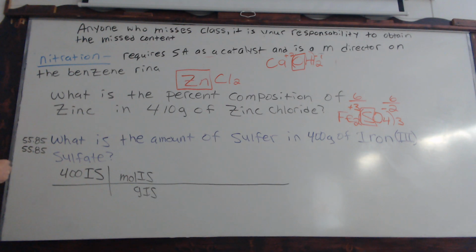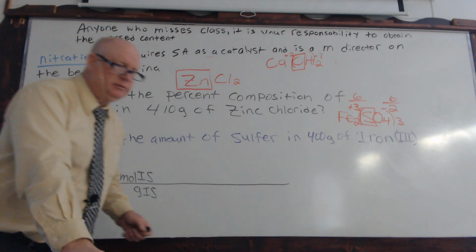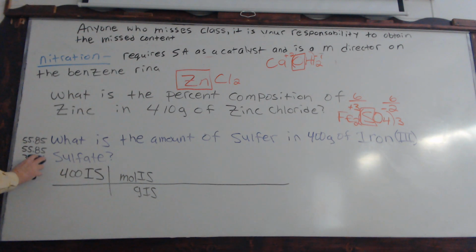The atomic mass of sulfur, 32.06? Oh, I thought it was 32.06. Okay, 32.10. And how many sulfurs do we have? 3.